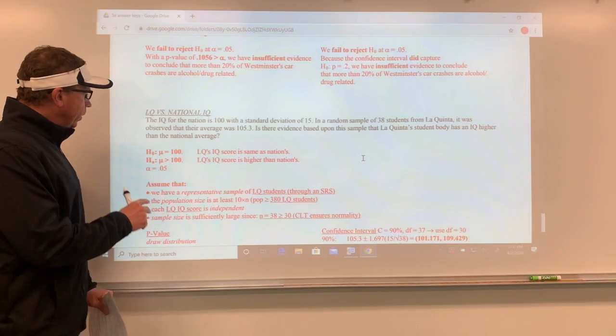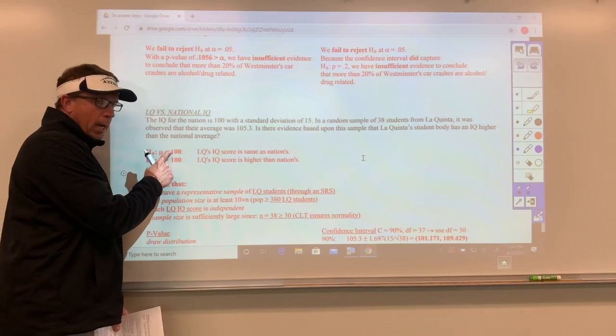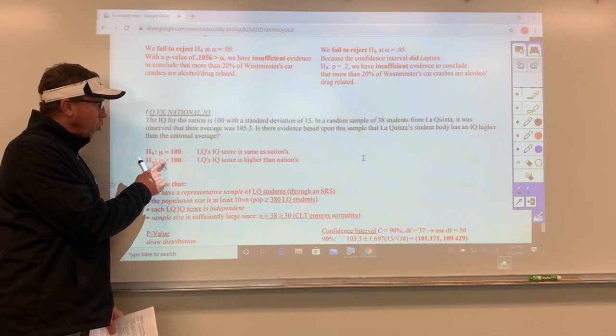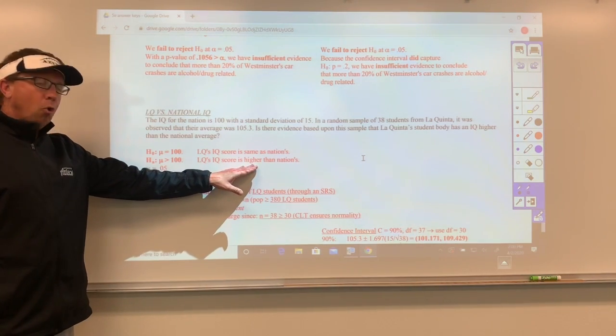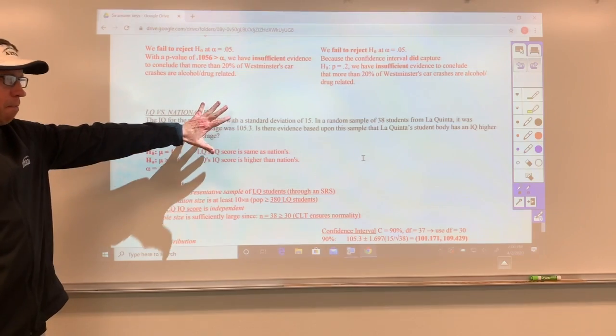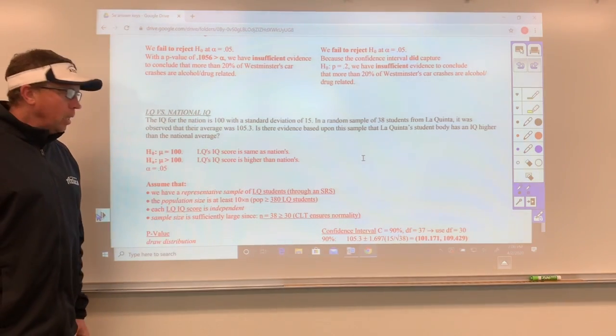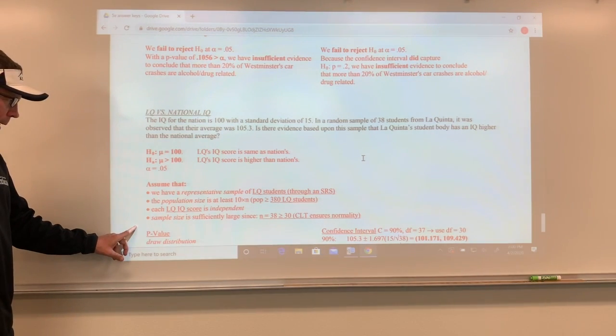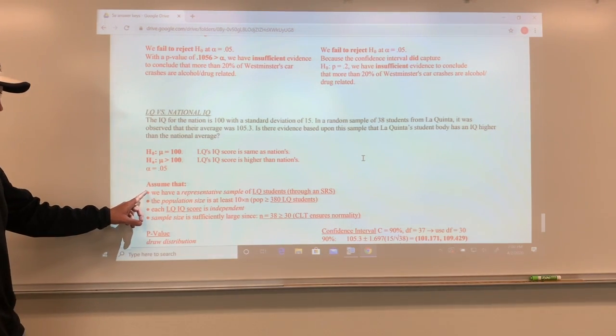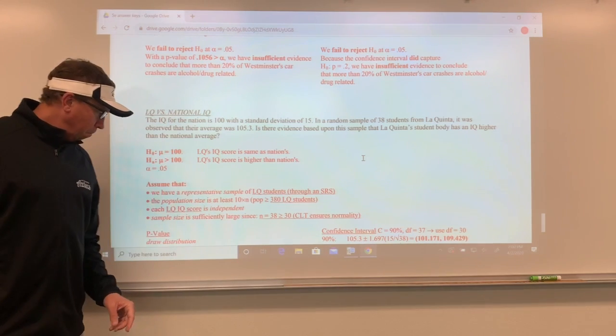Okay, first thing. H0, mu is 100, HA, mu is greater than 100, because we're thinking that LQ's score is higher. And this is clearly a mean problem, not a proportion problem. Here's our assumptions. Here's our SPIN acronym again. S, we have a representative sample.